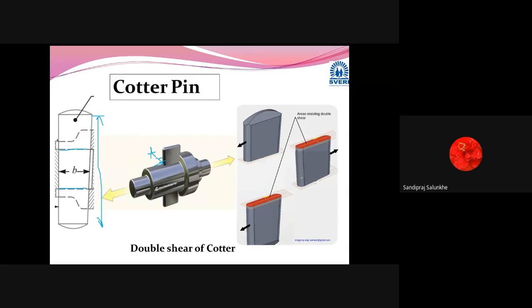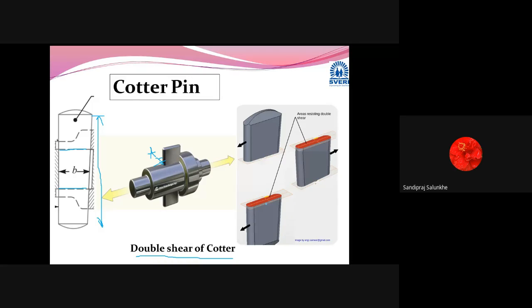Forget about this slanting edge. As we have manufactured this quarter with some taper, forget about that taper. That taper is very small, and for the calculation we are going to neglect it, and consider this red area as double because of the double shear. So here I have written that double shear will be occurring in the quarter.